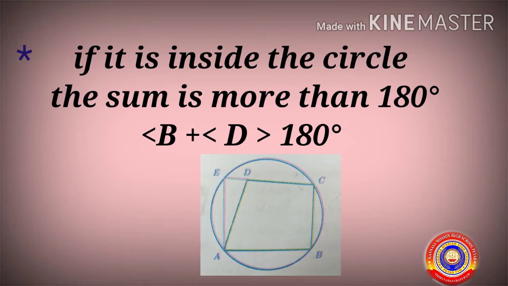Next, if it is inside the circle, the sum is more than 180 degrees. Here, vertex D is inside the circle, so the sum of opposite angles B and D is greater than 180 degrees.